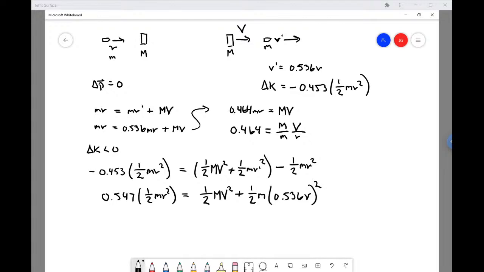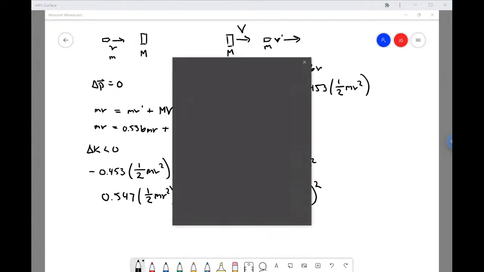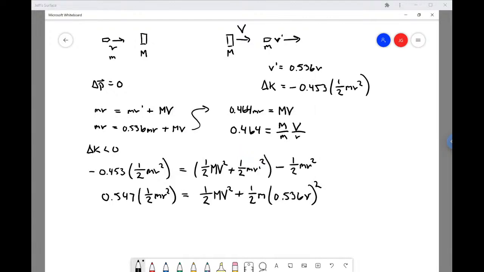All right, so there's 1/2s everywhere. I can get rid of that. But what I'm going to do is, I can take this term and subtract it from both sides after I square it. And then I get another term. So that term is another term that has 1/2 m v squared.